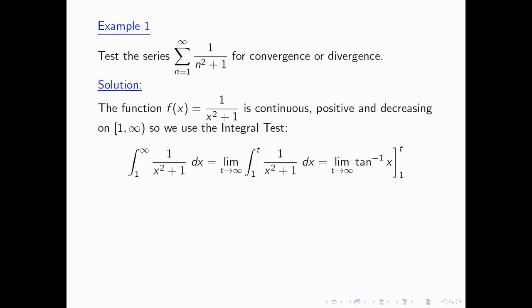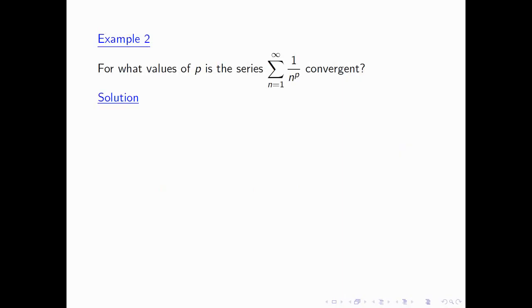So example 2 is the one that will give you the answer. It says, for what values of P is that series convergent? So in our case, P is going to be 3 because our series cubes the denominator.